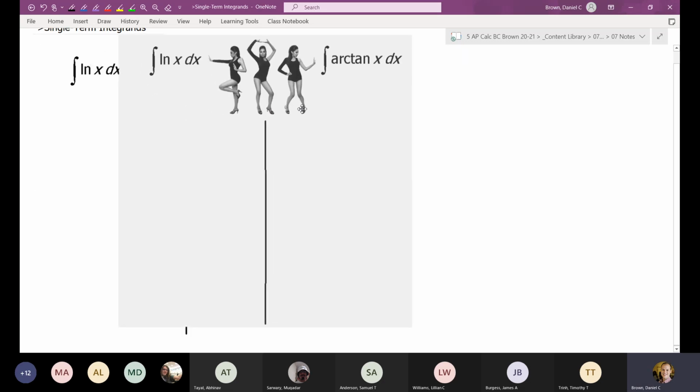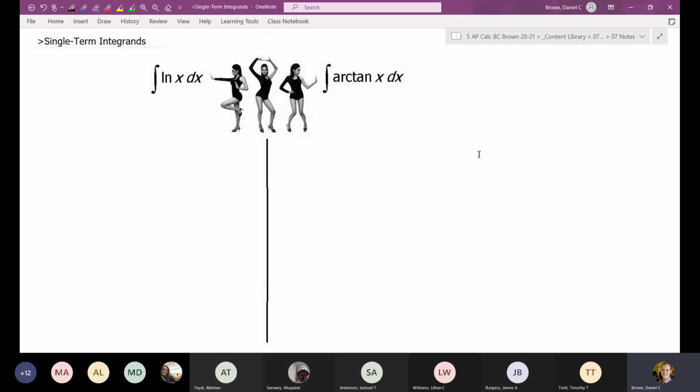So one unique thing about integration by parts is it can actually be used when you have a single term in the integrand, where we don't clearly see that we have a specific product. Looking at this problem, I want to make sure we don't mess up and think of something incorrectly. This is the integral of the natural log of x dx.